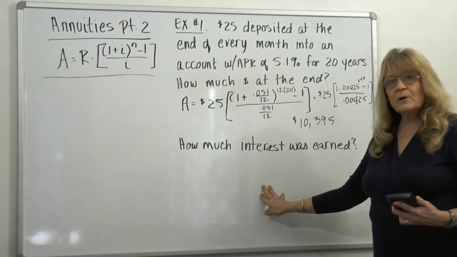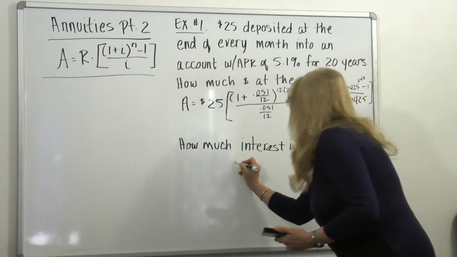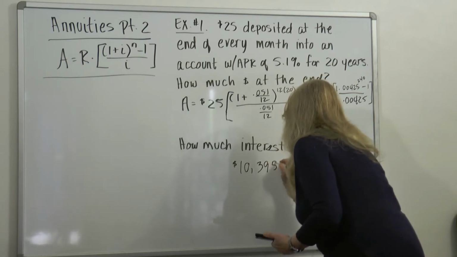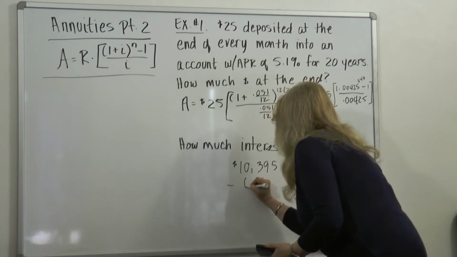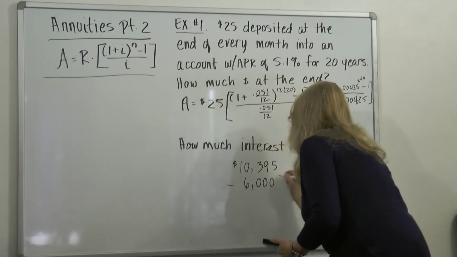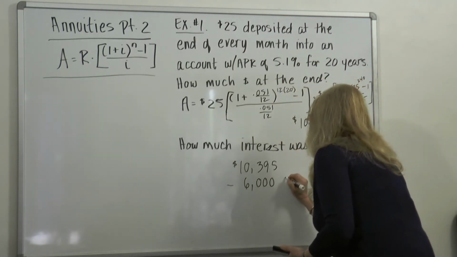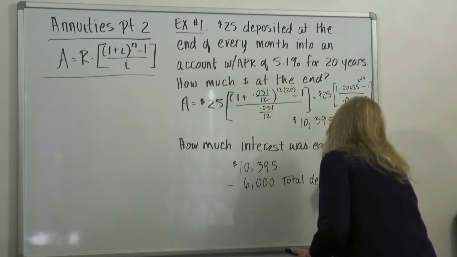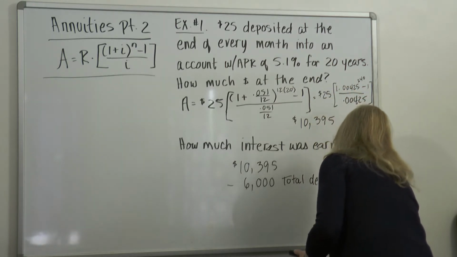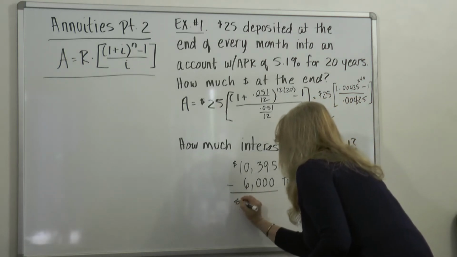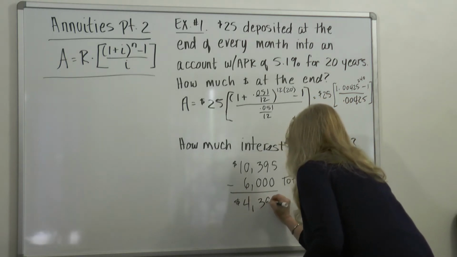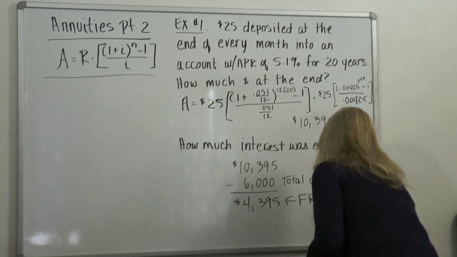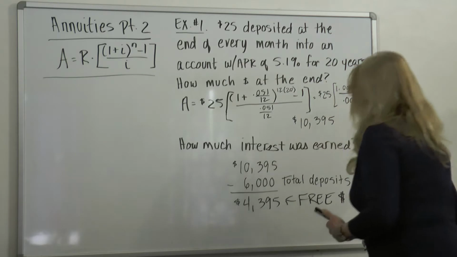Which brings me to this part. If I take my ending balance here, $10,395, and subtract my deposits. Okay, so these are the total deposits. Okay?